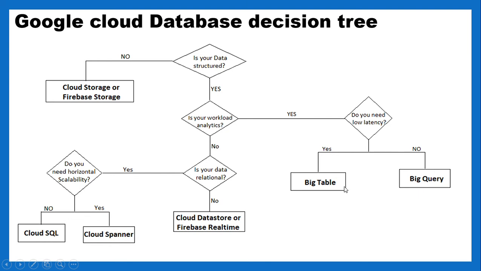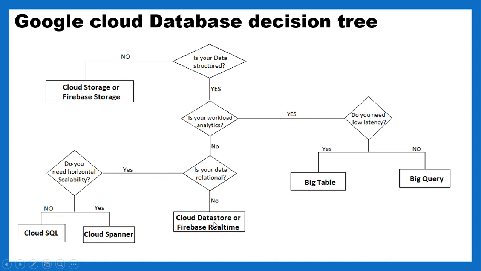Bigtable and BigQuery are both used for analytical and data warehousing purposes. But if we need low latency, we will use Bigtable, and if we don't need low latency, we will use BigQuery. Coming to the other part, is your workload analytics? Let's say no. The next question is: is your data relational or non-relational? If data is non-relational, for example a document database, then we will use Cloud Datastore or Firebase Realtime DB.